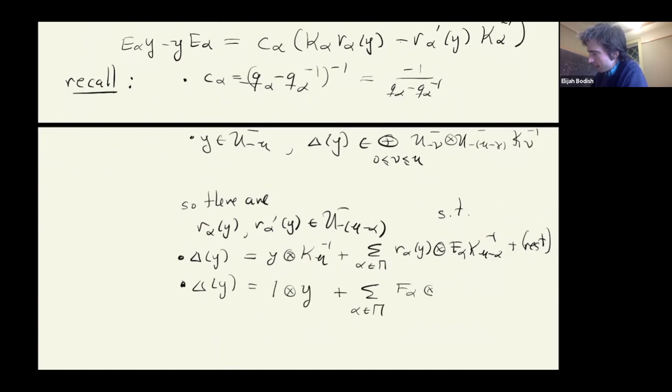And now move these terms to the other side, and I get R alpha primes. These are defined via this formula. So my R alpha of y and my R alpha prime of y are defined by expanding delta of y in this direct sum and then projecting onto some component. So the definition was in 6.15 in Jantzen's book.